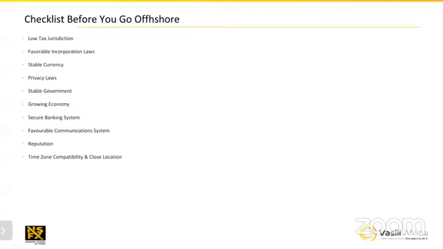Low tax jurisdiction. The country you're investing in, there should be a significant difference between your local tax, the Kenyan tax, and the country that you're going to invest in, okay? So you should be clear on the tax, number one. Number two, you should be clear on the specific tax to whatever instrument that you're going to invest in.